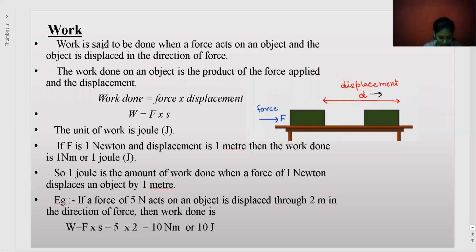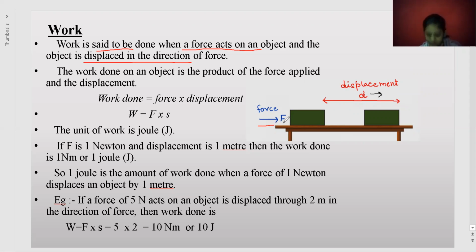So here the work is said to be done only when a force acts on an object and the object is displaced in the direction of force. Like you can see in this figure that a force F is acting on the block which is placed on the table.